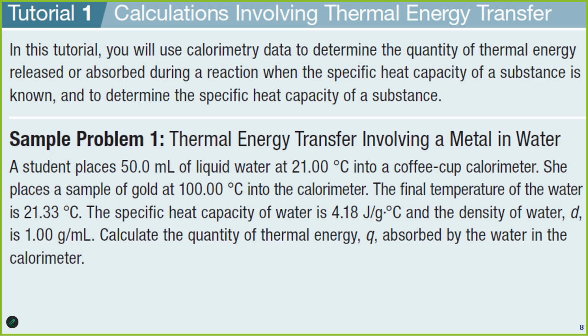The specific heat capacity of water is given to you, which is a constant you need to remember. And the density of water, d, is also a constant number you should remember, 1 gram per milliliter. Calculate the quantity of thermal energy q absorbed by the water in the calorimeter. Okay, I'll give you some time to consider this question by yourself, and then we'll have a look at the solution together, okay?